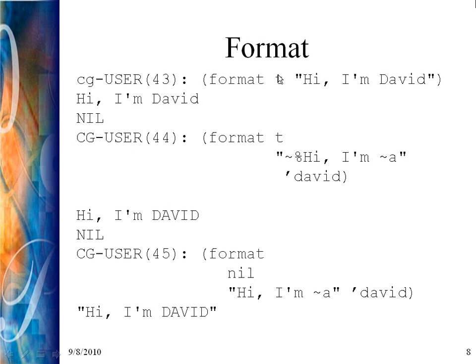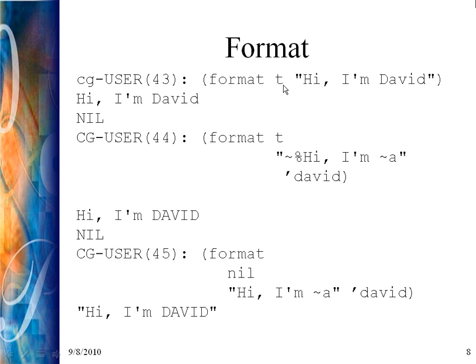It can either be the symbol T, which means print it to the Lisp listener, or it can be the symbol nil, which means don't print it anywhere but create a string and return the string, or it can be a stream. A stream could, for example, be open to a file, or it could be any of a number of predefined streams. But typically, in the examples we'll be using, we'll either say T, meaning write it to the standard output, which is the Lisp listener, or nil, which means create a string.